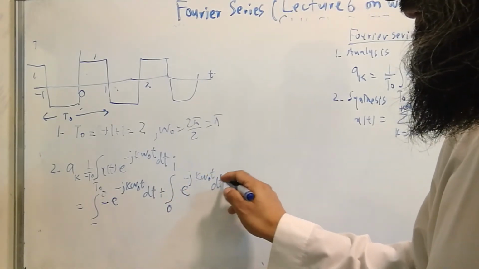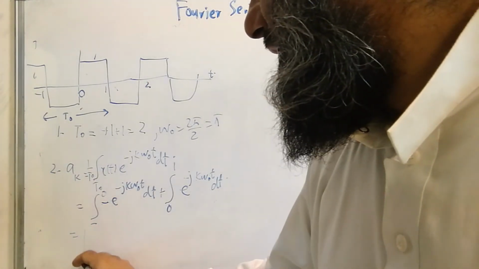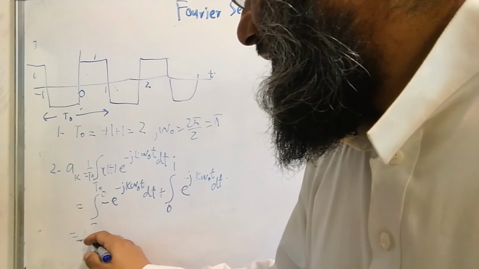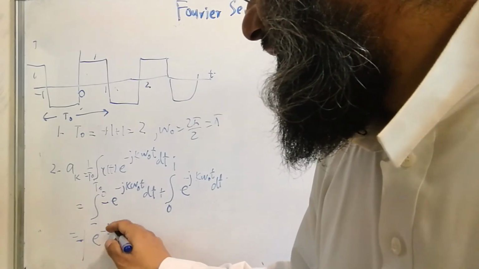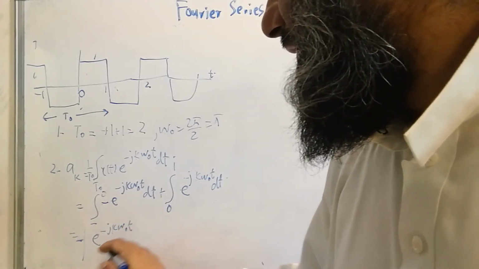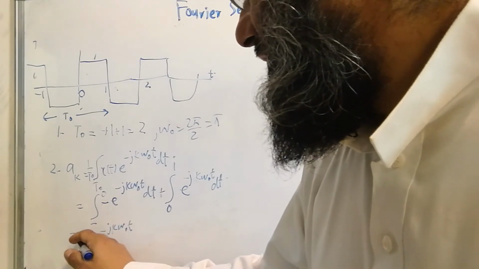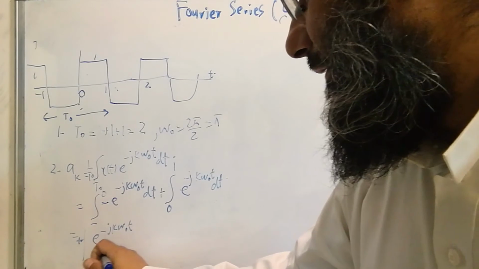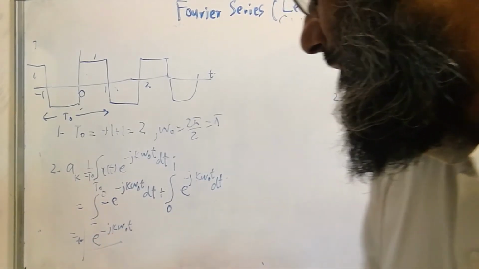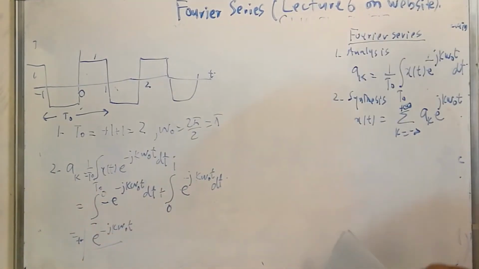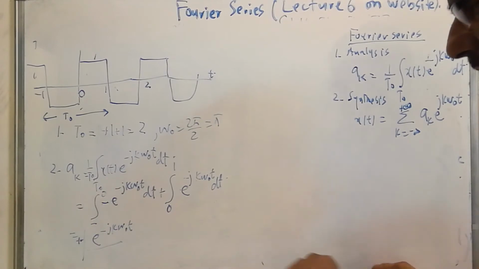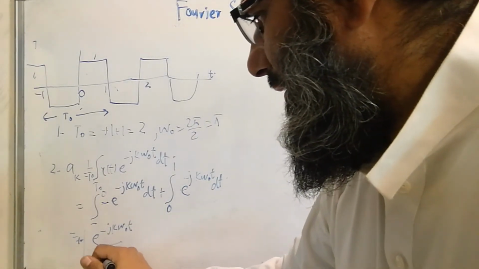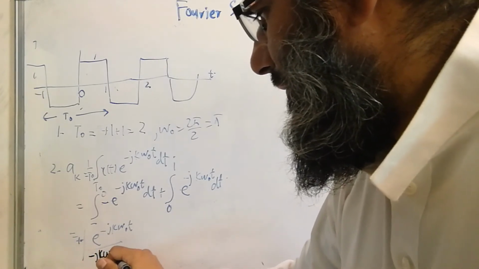And this will be just, the negative will come outside, e raised to the power minus j k omega naught t divided by minus j k omega naught.